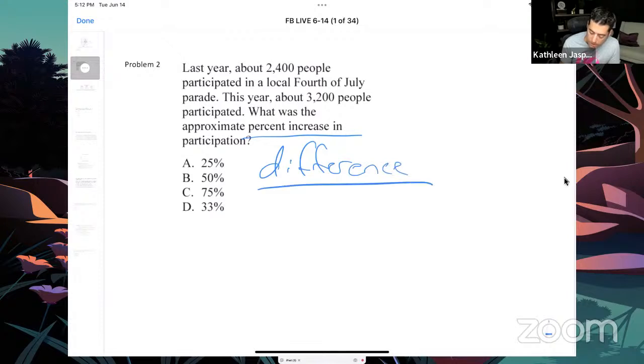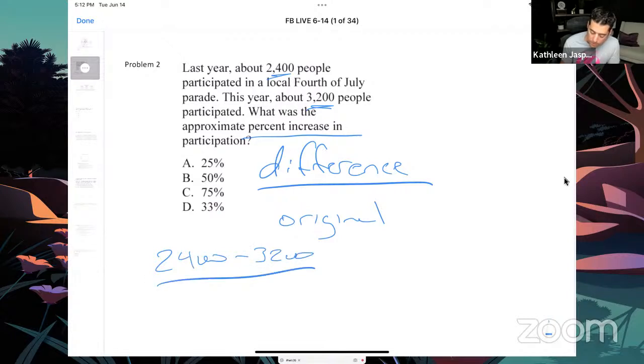The difference over the original. So now this is going to make sense here. If we had 2,400 and we now have 3,200, we take the difference of those two numbers. In this case, if I did 2,400 minus 3,200 and then divide it by the original, which is 2,400, here's what I get.